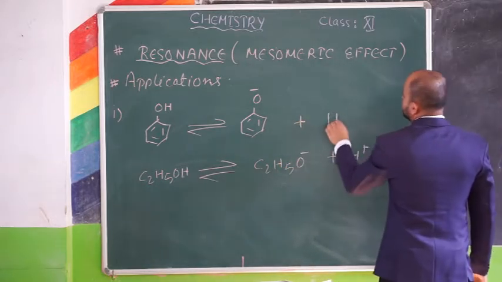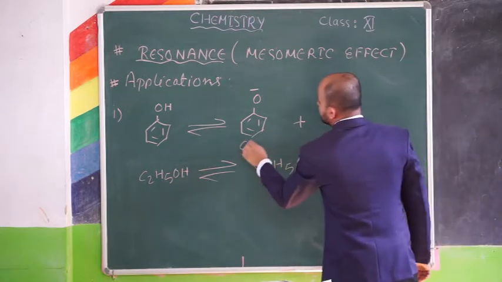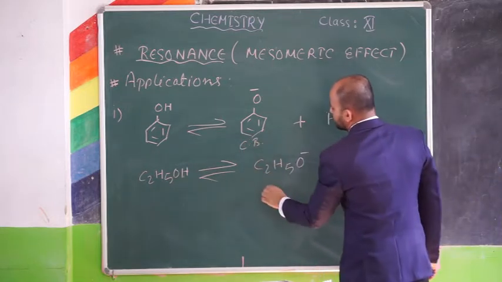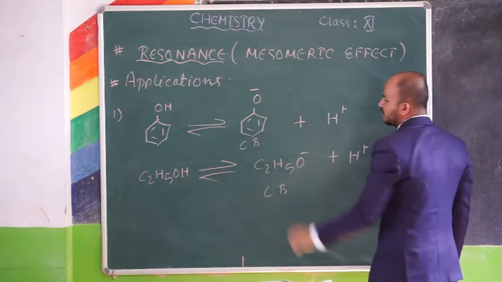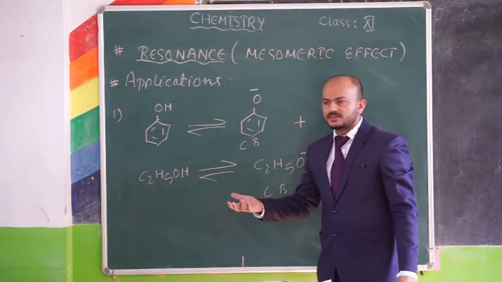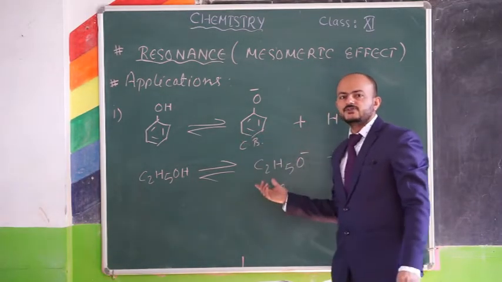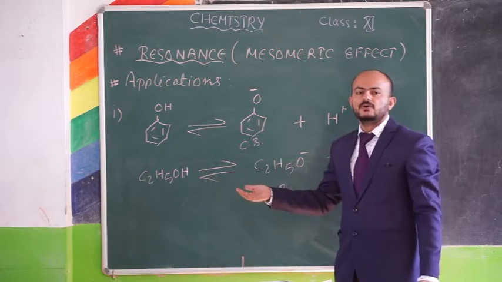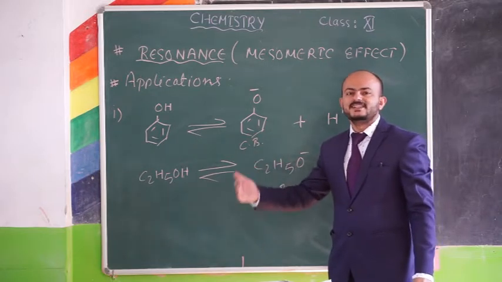The same explanation applies: this is the conjugate base of phenol and this is the conjugate base of ethyl alcohol, or ethanol. The acidic strength will depend upon the stability of the conjugate base. The more the stability, the more its acidic strength.